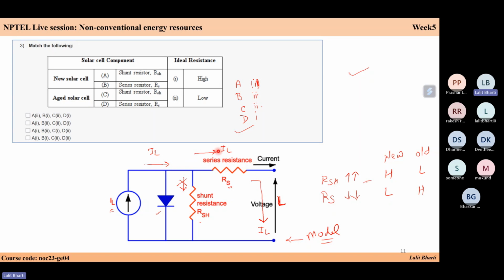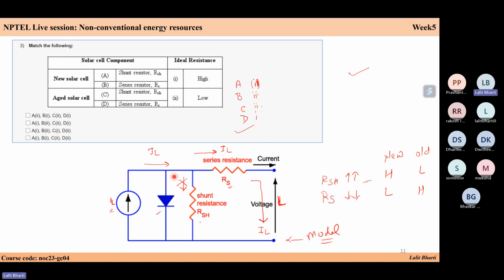So your series resistance should be very low. RS should be very low. It is simple that if your resistance is low, your losses will be low and your current flowing will be higher. And your shunt resistance should be very high, so that no current is flowing in this direction.